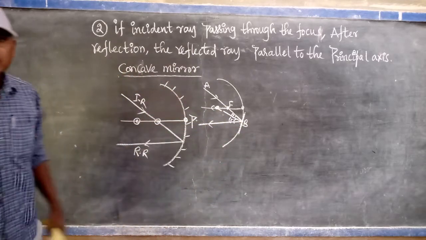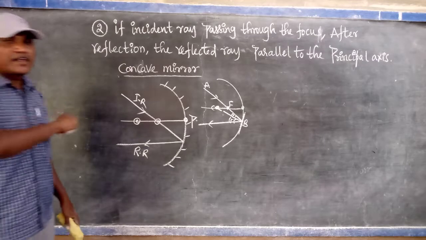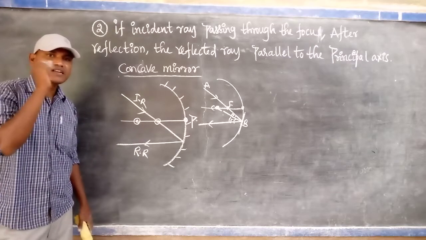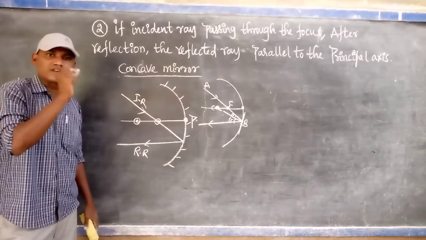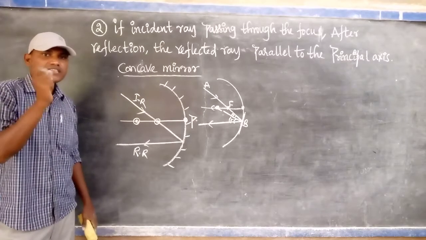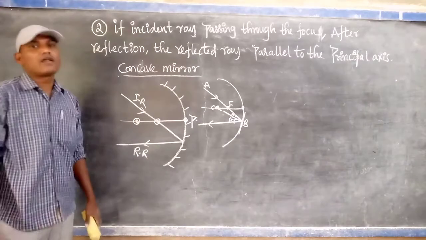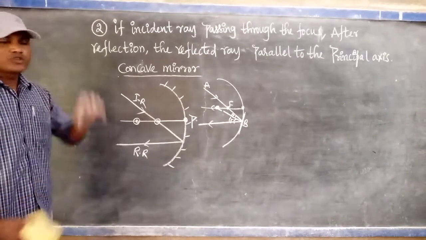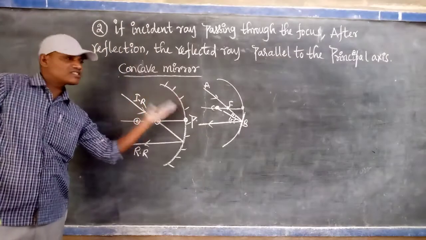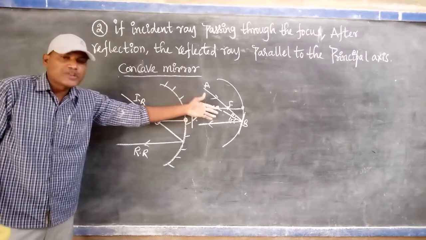So angle I is equal to angle R. Already you have some idea of this at 8th standard level. I will clearly explain the laws of reflection. The second law of reflection: the angle of incidence is always equal to the angle of reflection. That means the laws of reflection are valid for plane surfaces as well as for spherical surfaces.